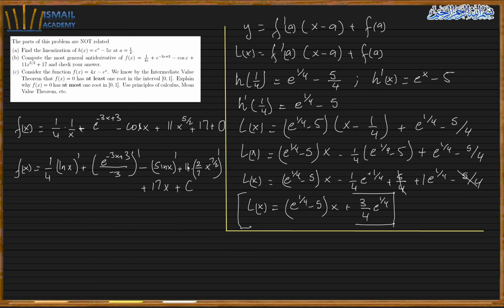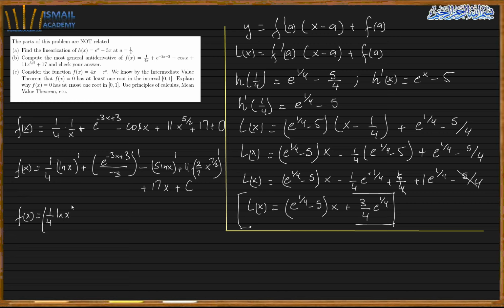Now I can put this, because this is a constant again, I can put it inside. So now my function f of x is 1/4 ln of x.